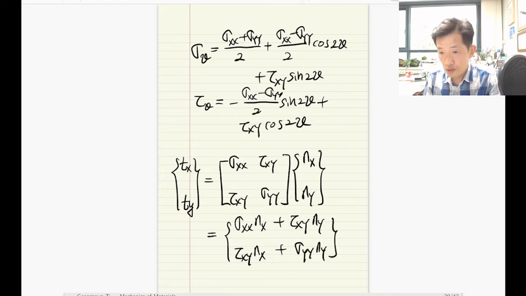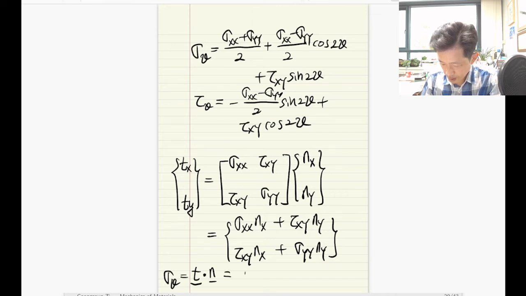Then how do you calculate the normal stress component? The normal stress component in that direction, we need to consider one more dot product. Then sigma theta should be equal to the traction dot product with the normal.